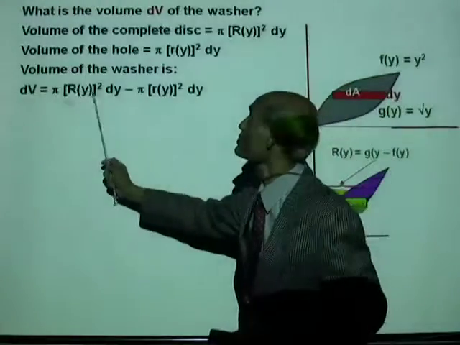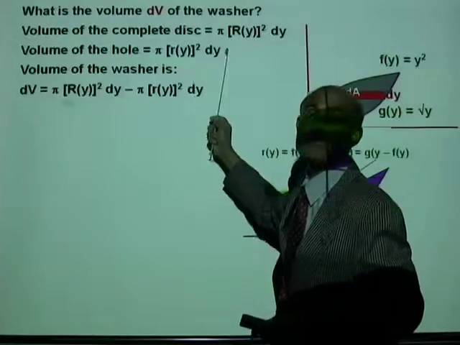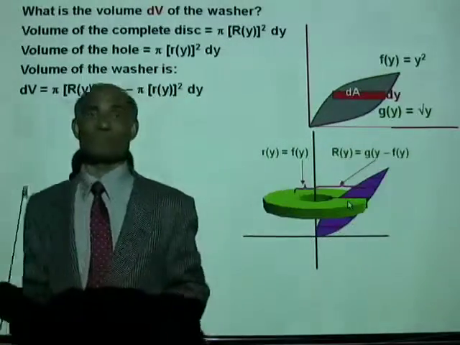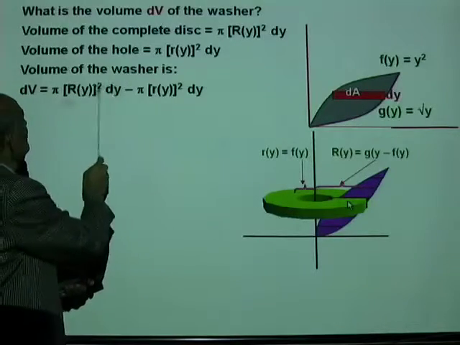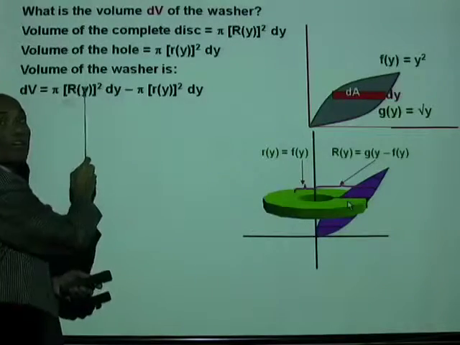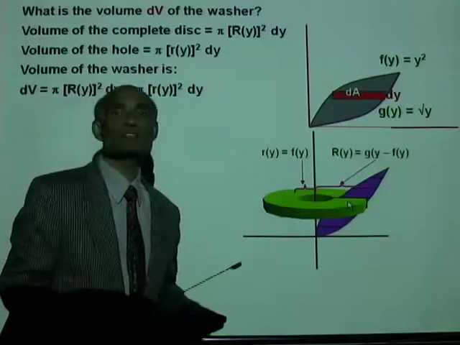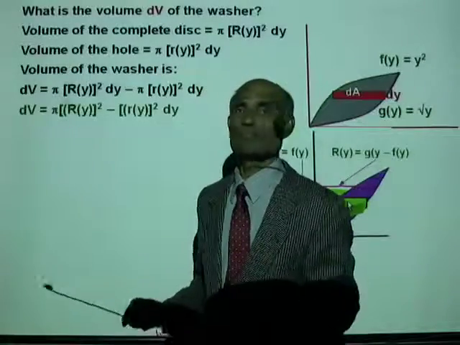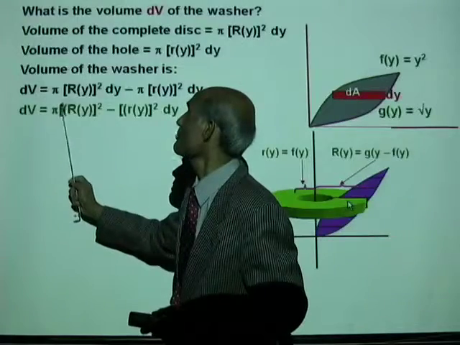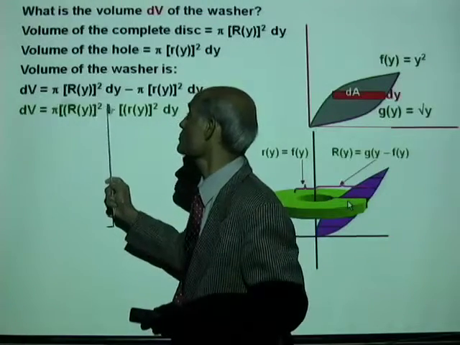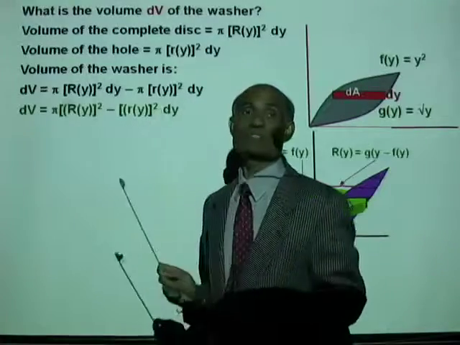The volume of the washer is the volume of the complete disc minus the volume of the hole. That will be pi times uppercase R squared dy minus pi times lowercase r squared dy. And you can factor out pi, and so dV equal to pi times uppercase R squared minus lowercase r squared times dy.